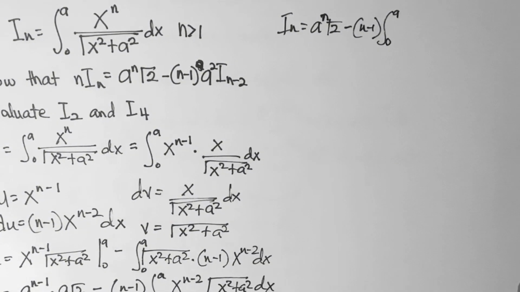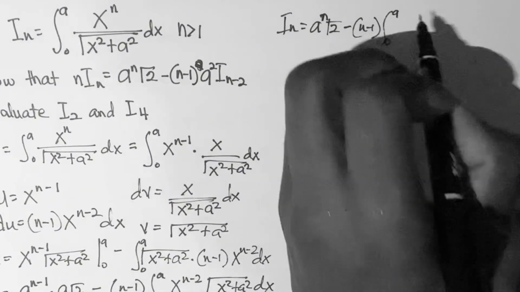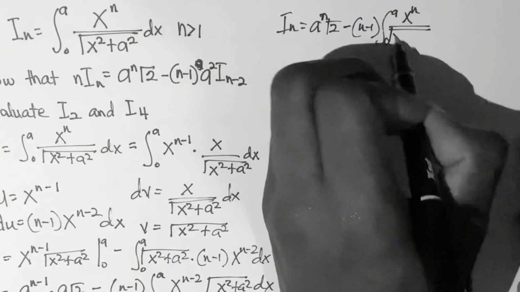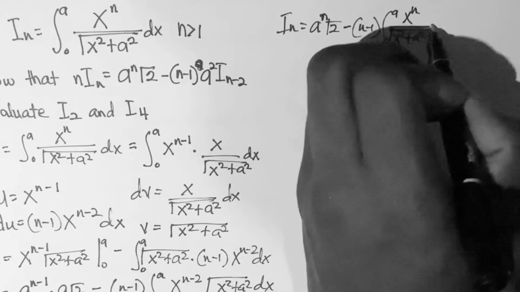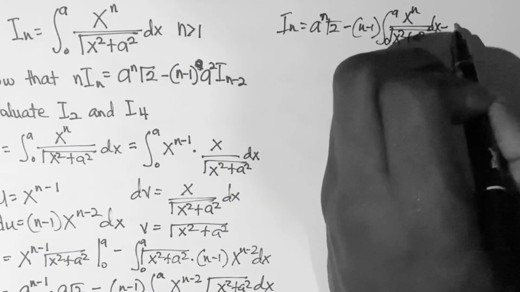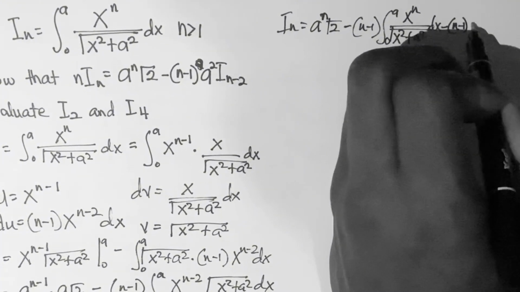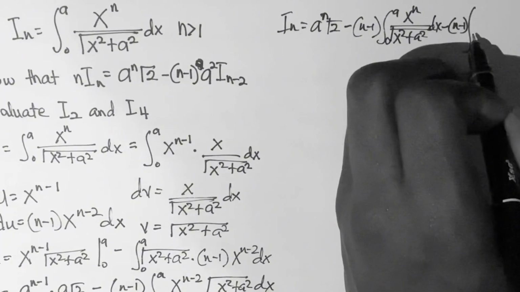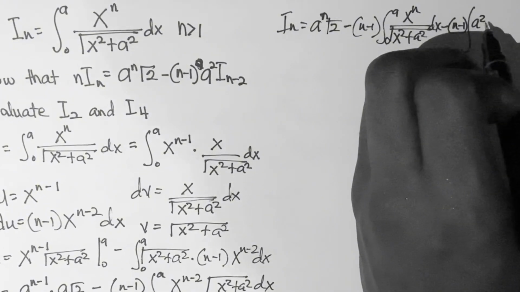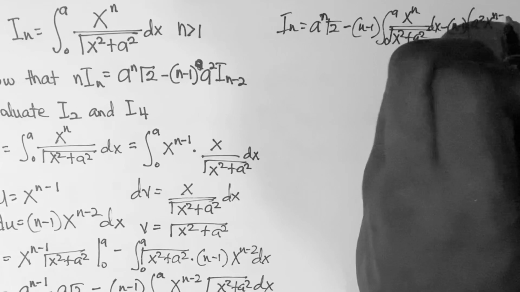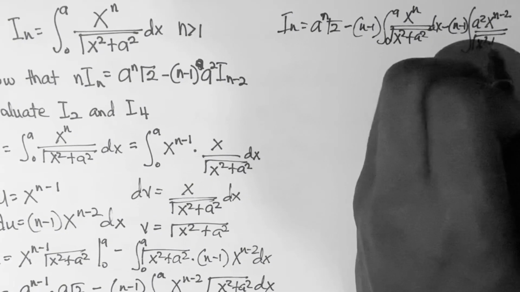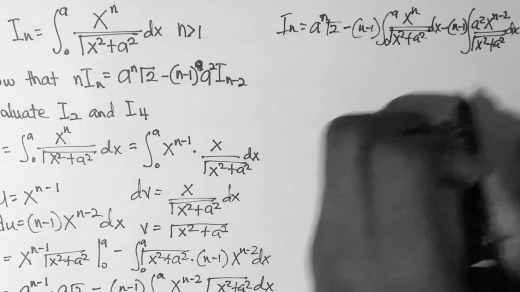Now if you multiply x exponent n minus 2 by x squared, you get x exponent n divided by square root of x squared plus a squared dx, then plus, sorry, minus into bracket n minus 1 integral of a squared, then times x exponent n minus 2 divided by square root of x squared plus a squared dx.